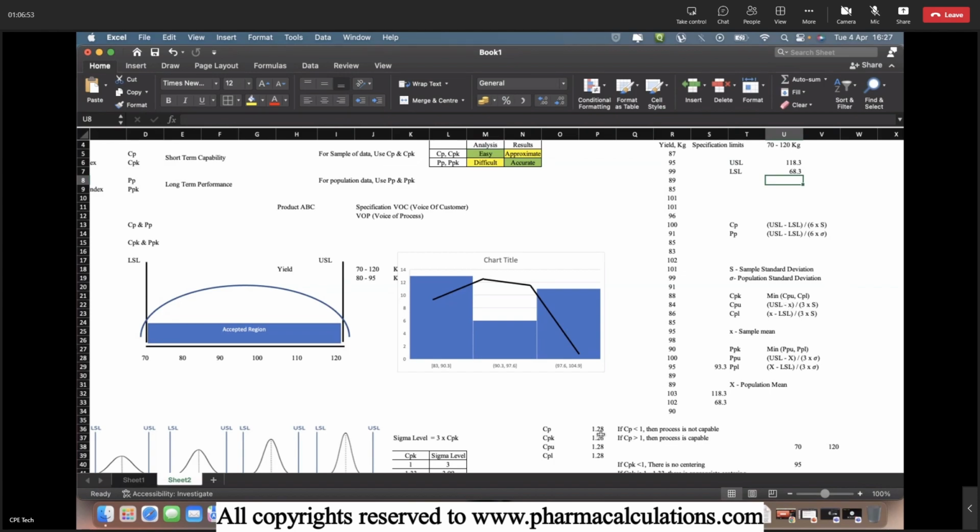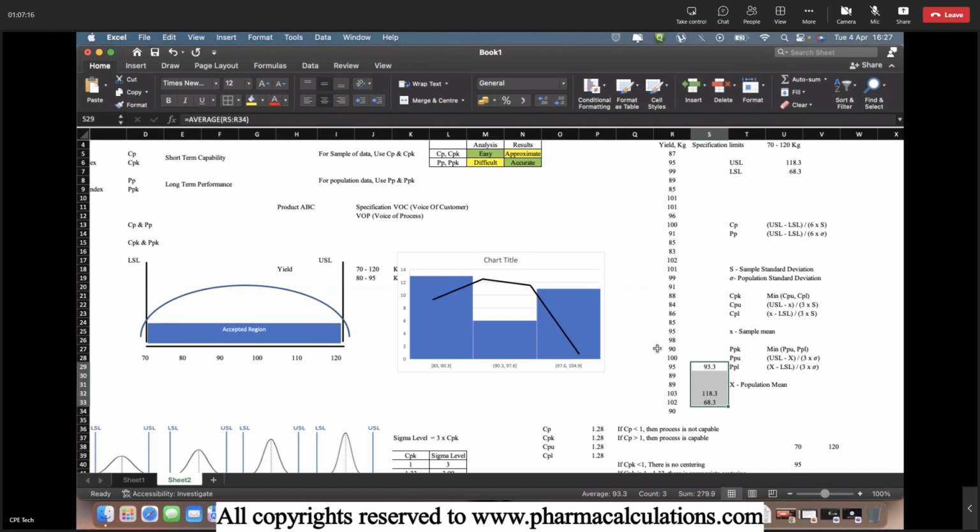Now see this, the CP and CPK have increased. So usually we are going to propose certain yield revisions depending upon the data. So this is how we need to revise the yield ranges by analyzing the current data.